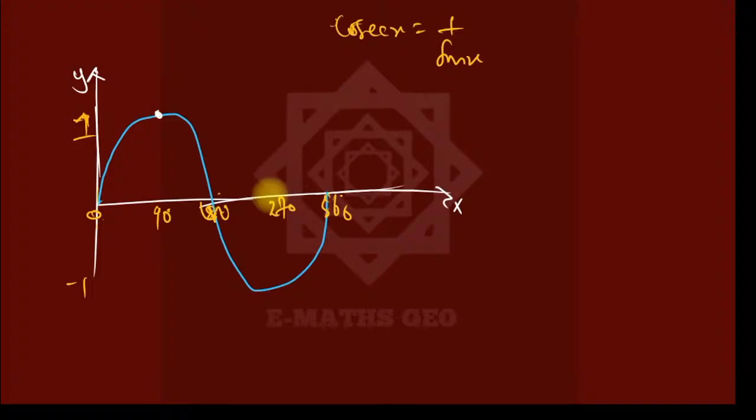So if we now draw the vertical asymptotes here and here, okay, this is already nice. Since we are talking about reciprocal, we flip this the other way around.